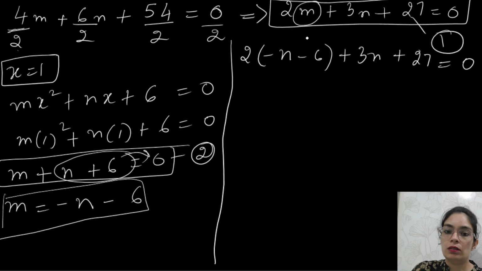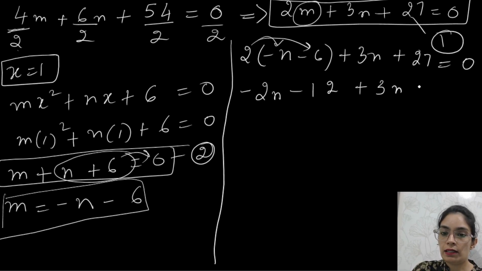See, in m's place I have written this value. I have just done substitution here. Then I'll simplify it. So it will become negative 2n negative 12 plus 3n plus 27. Now the equation has only one unknown variable. We can simplify this one.